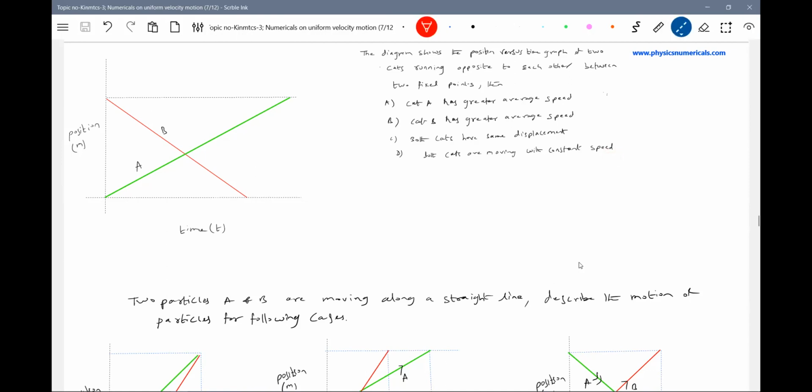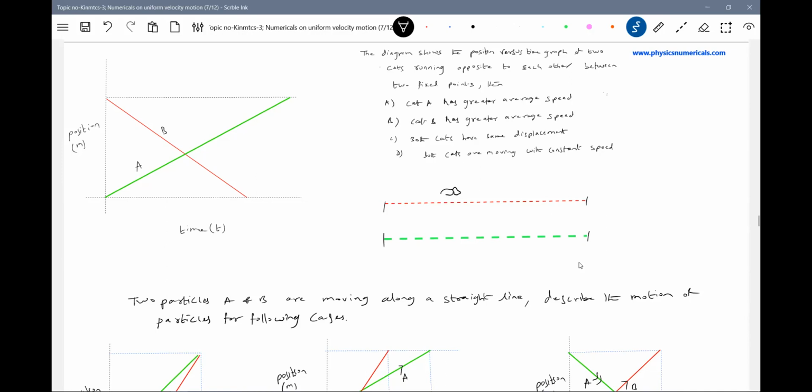Now what is actually the diagram? The diagram will be like this. Both are having the same displacement. Correct, no? So this is cat B. I think I can't draw the cat.